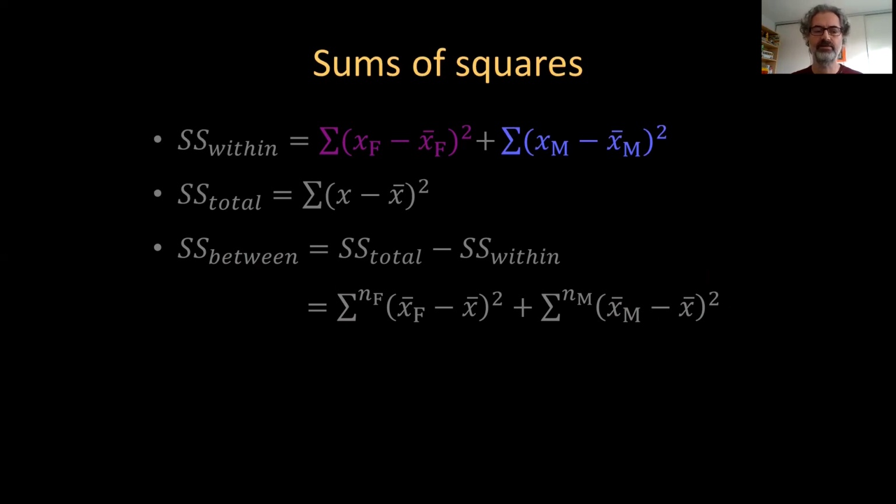And the other part of the total sum of squares is the within, which is what's left over. So the deviations of the data points from the corresponding group means for both groups together. And these things add up. So this sum of squares, if you calculate and add these up, plus this sum of squares, if you calculate and add these up, plus these, are equal to this sum of squares.